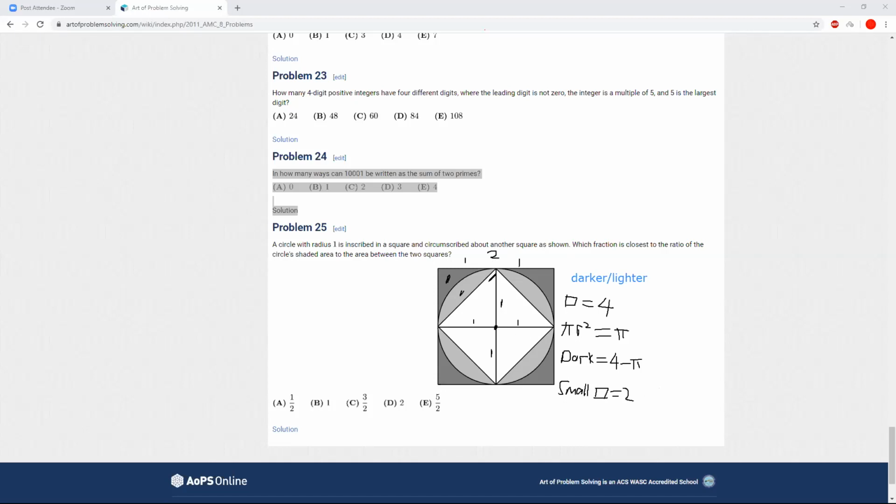So this circular region is pi minus 2. This is the lighter region. Now we want to find the darker divided by the lighter region.